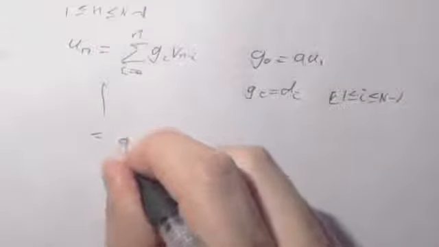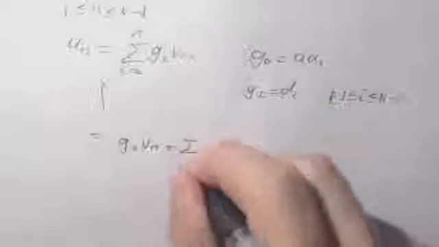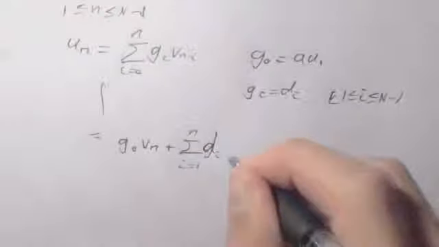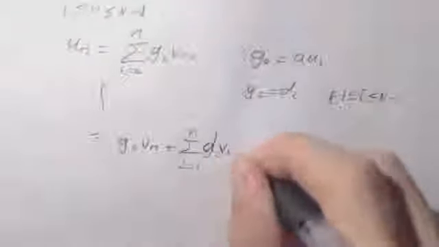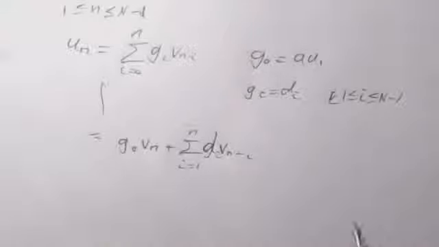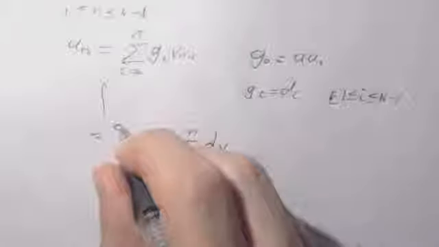And since n is less than N minus 1, this is going to be equal to g0 v_n plus the sum from i equals 1 to n of g_i, that is d_i, v_(n minus i), and g0 was a u1.